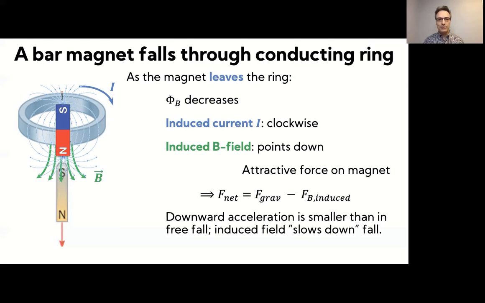And so that induced field once more slows down the fall in the same sense as we talked about before. And so as you have your bar magnet falling through the conducting ring, there are certainly two phases where you actually see that the induced field works against that motion that is causing the changes in the magnetic flux through the loop.